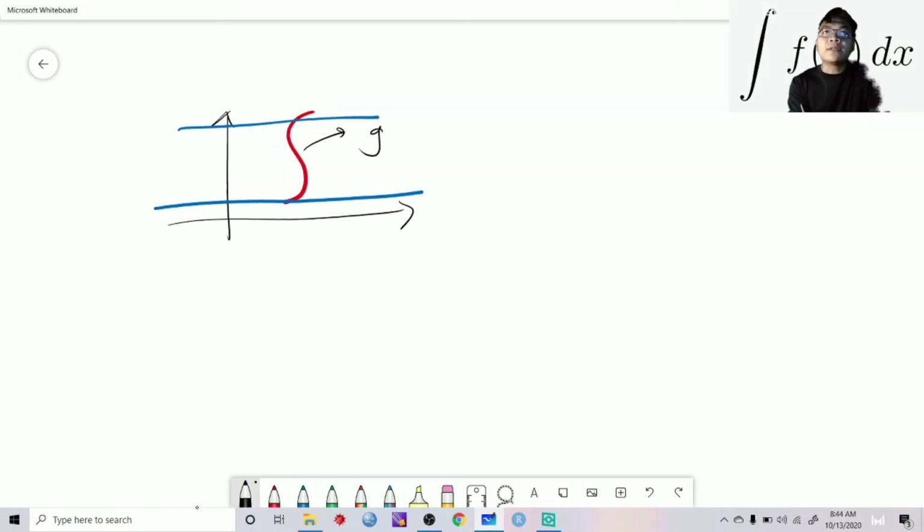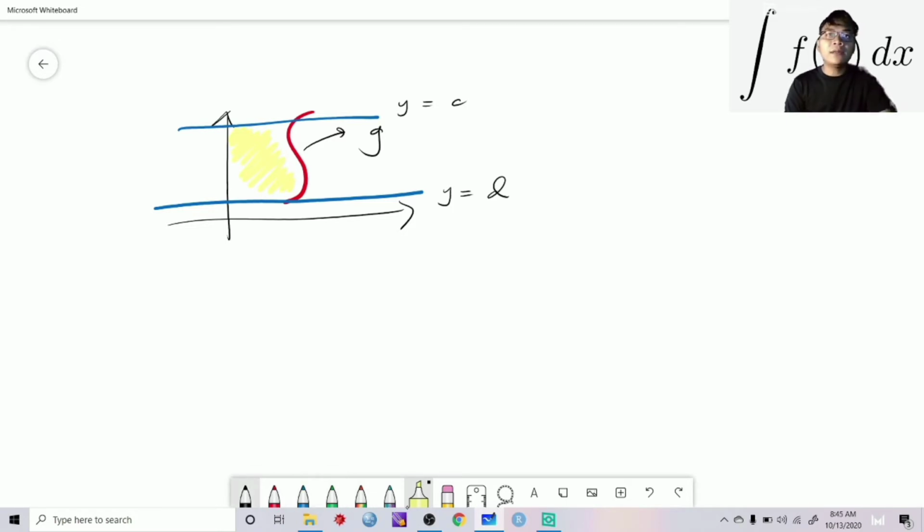We call these y equal to c and y equal to d. So we need to get this yellow area.